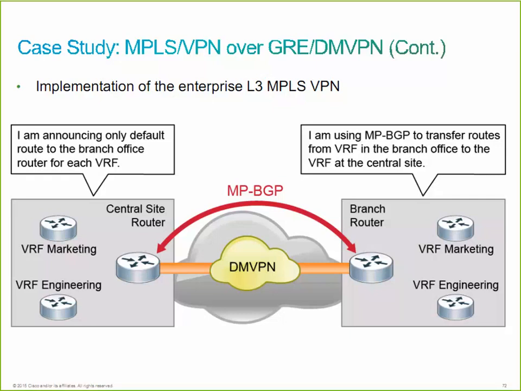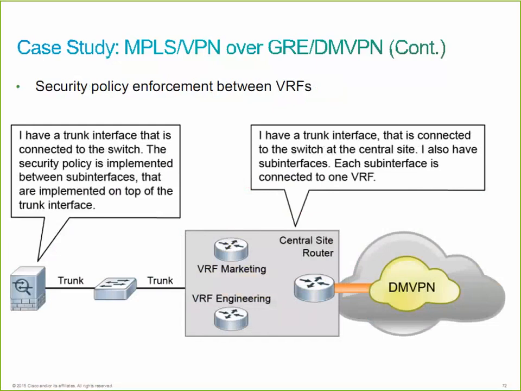So we've connected our hub routers to the switch at the central site. We have a trunk going from that switch to the routers, and we have different VLAN to VRF mappings to match the different subnets to their appropriate VLANs.